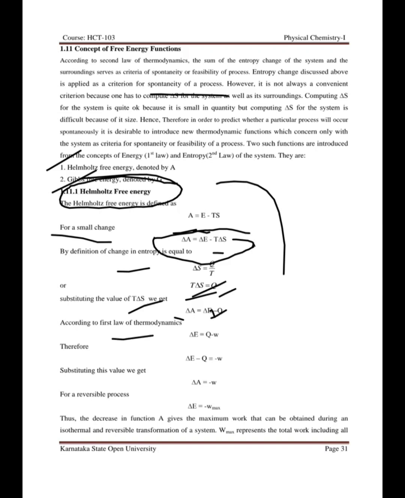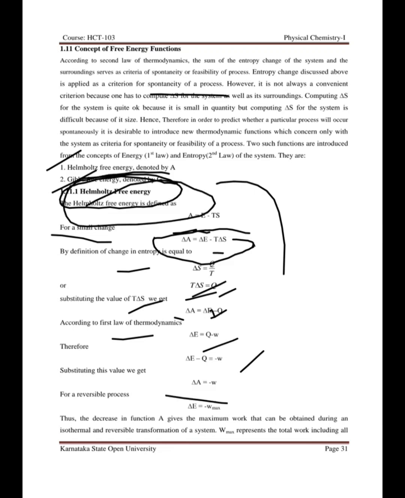According to the first law of thermodynamics, delta E is equal to Q minus W. Therefore, with Q coming to the left hand side, delta E minus Q is equal to minus W. Substituting the value, delta E minus Q is nothing but delta A, the Helmholtz free energy.